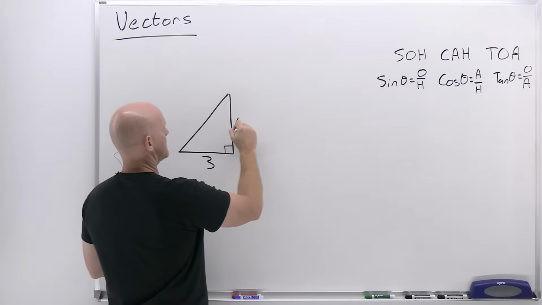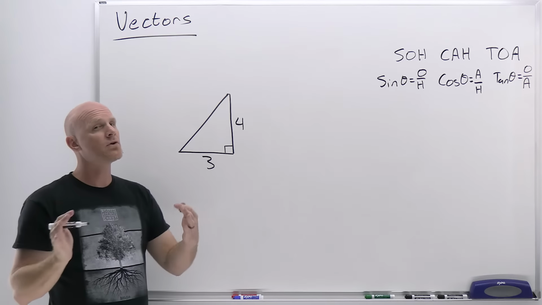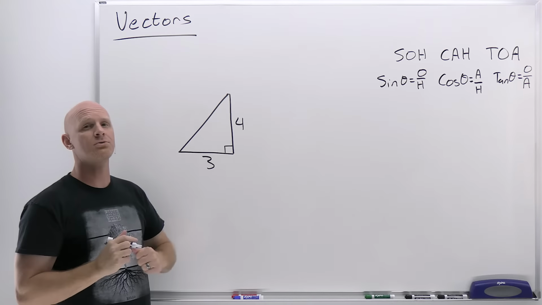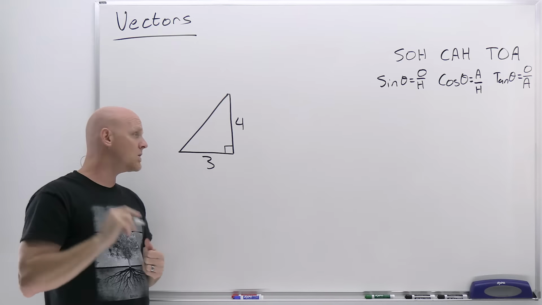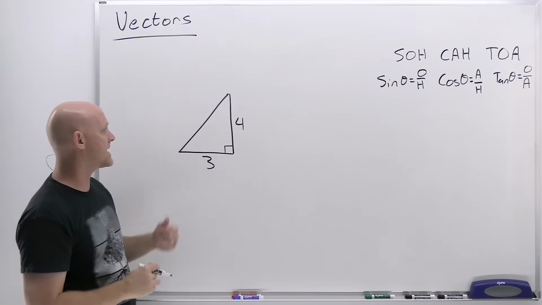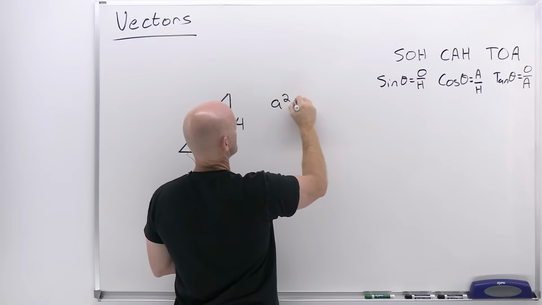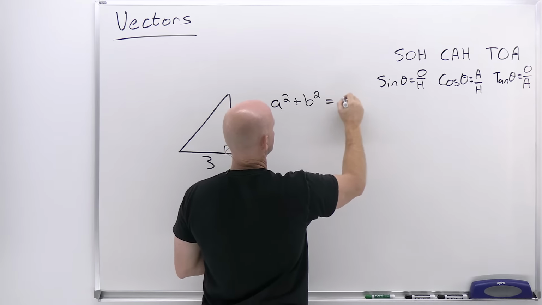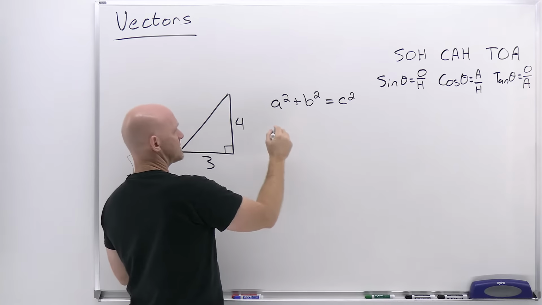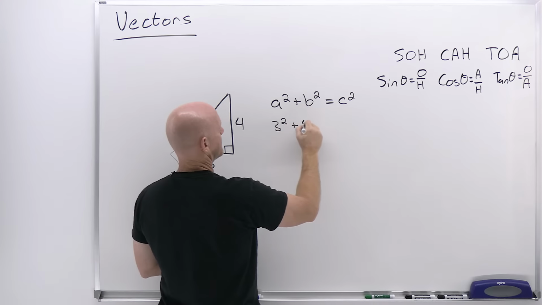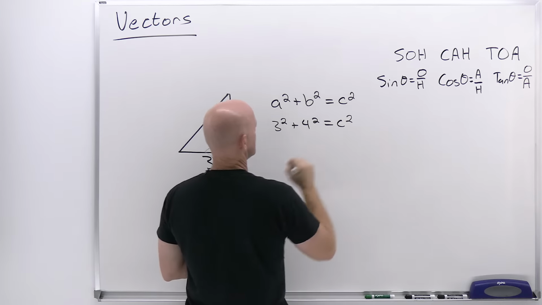Now the right triangle I'm going to start with is this one right here. It's a classic right triangle, and maybe you're already familiar. Maybe you're like, oh, Chad, I see it, it's a 3, 4, 5 right triangle. But if you don't, we can use the Pythagorean theorem to figure that out anyway. With a right triangle, we've got the Pythagorean theorem, a squared plus b squared equals c squared. So in this case, 3 squared plus 4 squared equals c squared.